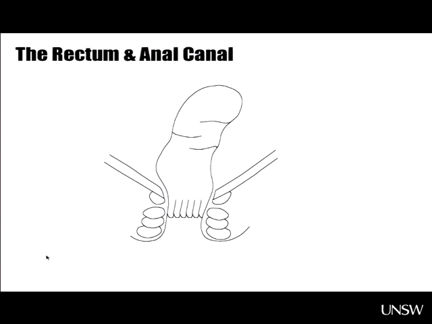So you've got an illustration like that. There's our sigmoid colon at the top. That's say sacral vertebra 3. There we've got our 3 rectal folds, or rectal valves if you like, in the upper part of the rectum. Then in the lower part of the rectum you've got the dilated area, the rectal ampulla.